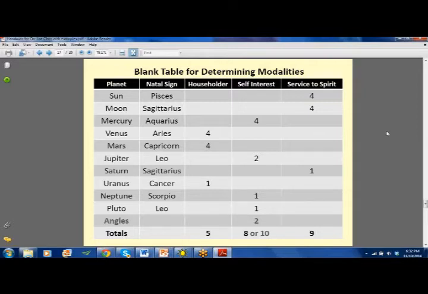Yeah, so those 4 signs have a very specific function that we can call householder, or the people who live in this reality to keep the culture going, to be the administrators, to be the ones who are committed to relationship, committed to family, committed to protecting the things that it takes to hold a culture together. So the other words that we have used for householder is culture bearer.